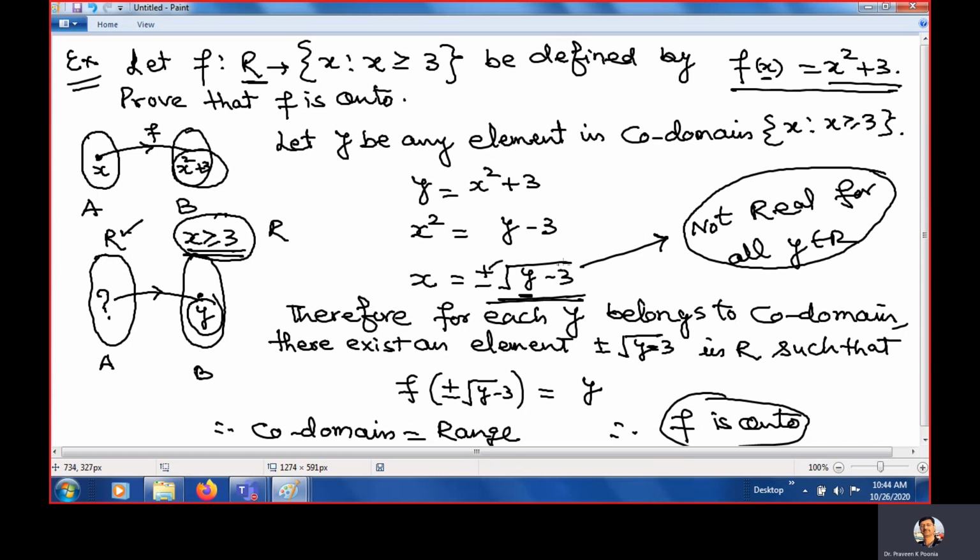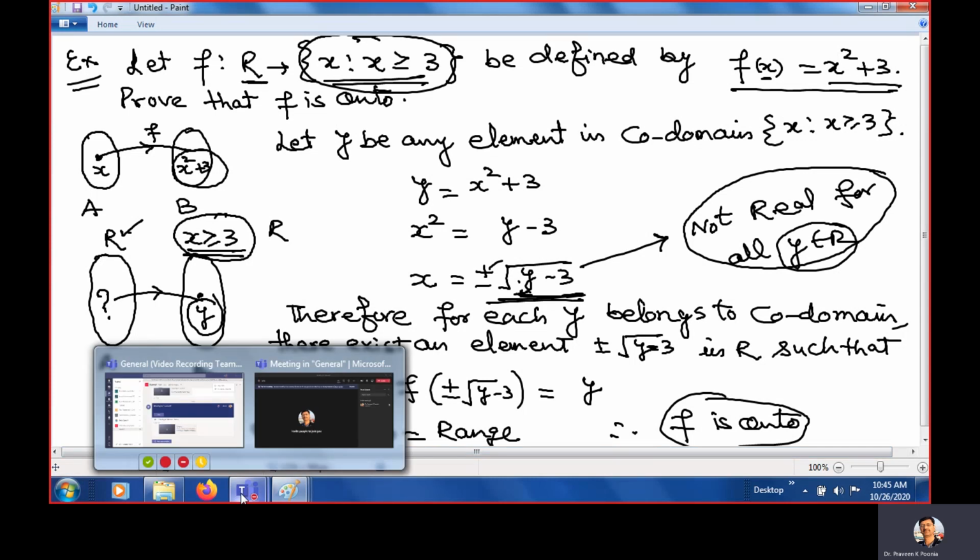This answer will not be real because if y belongs to R, y can take negative values, and negative values will give an imaginary answer. So this is the important condition here. You need to take care of this very seriously. If x is greater than or equal to 3, then it is okay. Otherwise, it will not be an onto function.